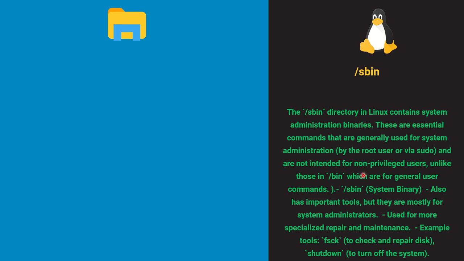During some specialized repair and maintenance, you would need these tools to troubleshoot system-related issues, like checking and repairing disks or maybe shutting down the systems. All these are executed from the sbin directory, and all these scripts are stored in the sbin directory.